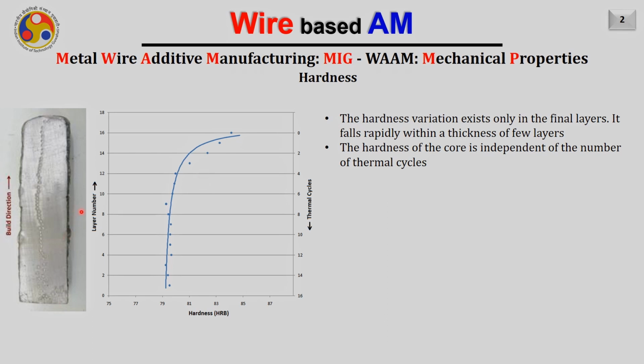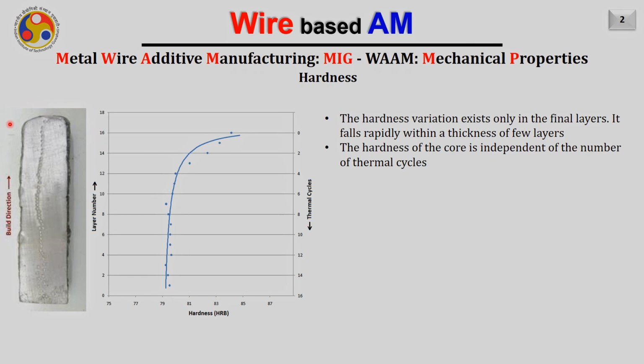This is because the bottom portion of this particular part undergoes several thermal cycles. Due to that, the microstructure at the bottom becomes quite porous, and due to the porous microstructure, the hardness value is usually less.